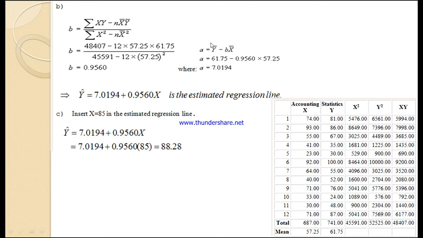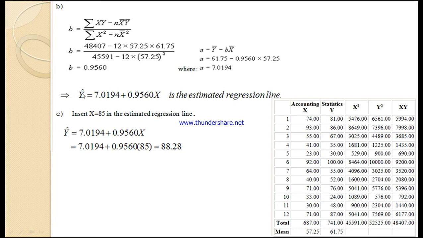Therefore a is equal to y bar, or the mean of the y variable, 61.75, minus b, which we have obtained as 0.956, times x bar, the mean of the x variable, which is 57.25, and finally the result of a is 7.0194. This is how we can determine the value of b and the value of a.